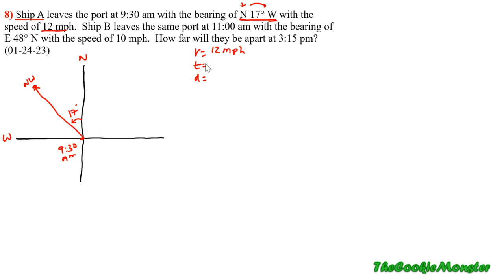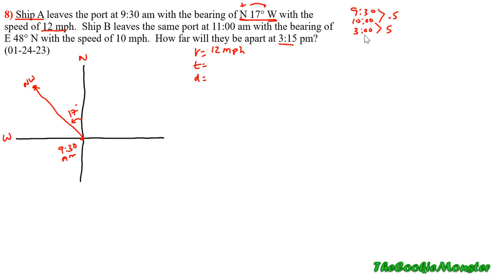T is time. So from 9:30 till 3:15 p.m., how many hours is that? This is what I tend to do: 9:30 until 10 o'clock, that's basically half an hour, so that's 0.5 hours. And then from 10 o'clock till 3 o'clock, that is 5 hours.